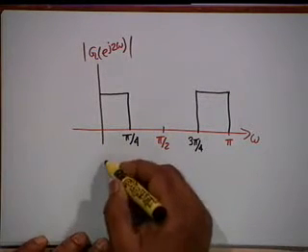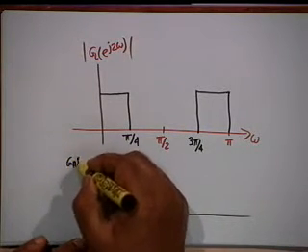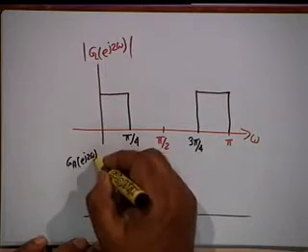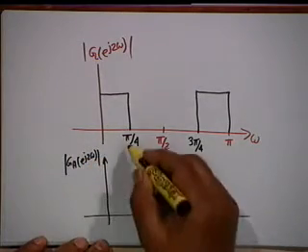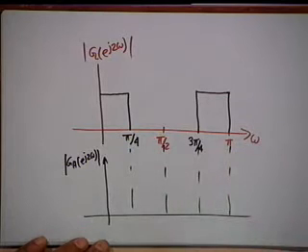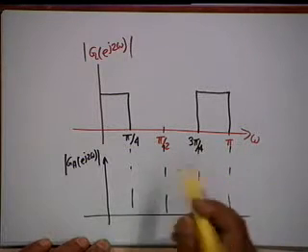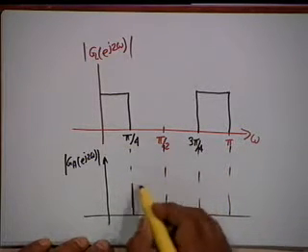Similarly, what would be GH? GH of e to the j2 omega magnitude shall start from pi by 4 and go up to 3 pi by 4. That's right.